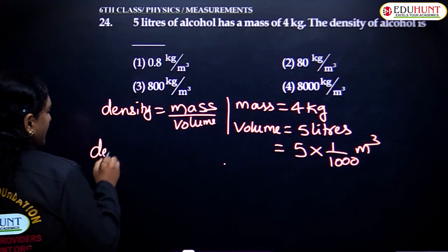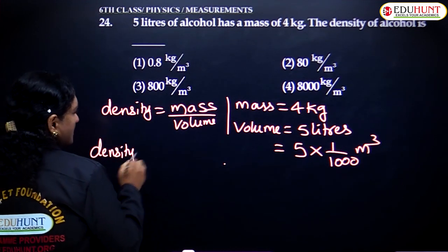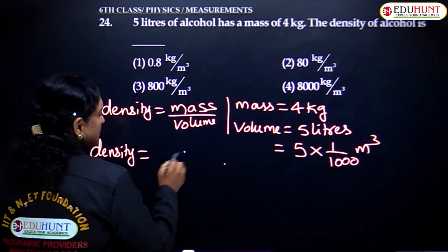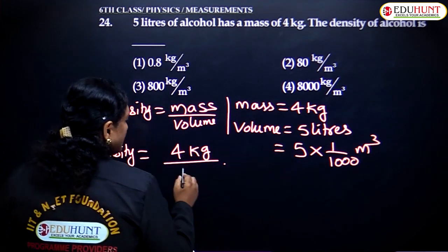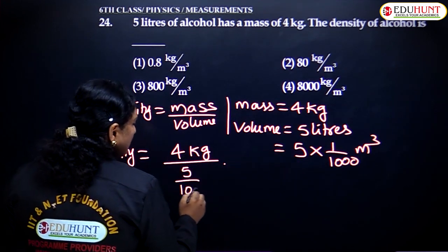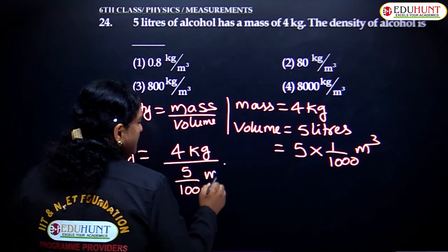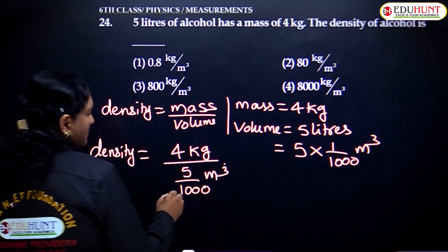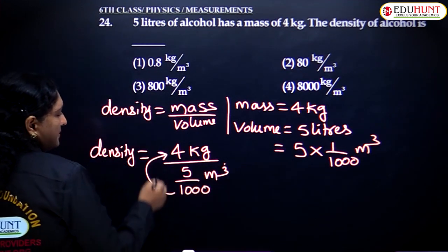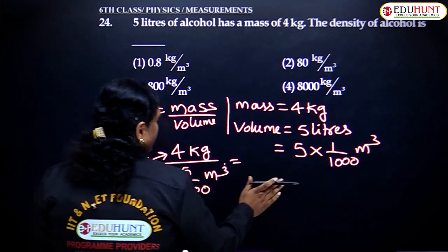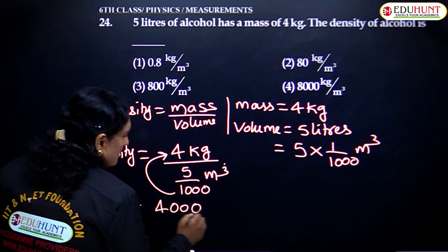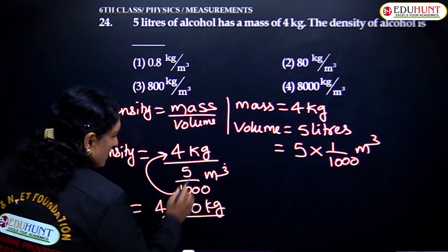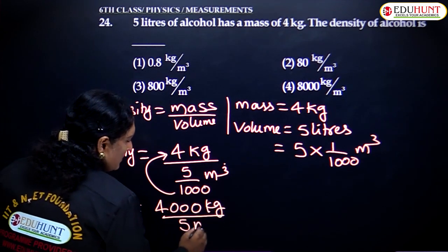Hence, to calculate density, density is equal to mass by volume. Mass is 4 kg upon volume, which is 5 by 1000 meter cube. This 1000 goes up, then how much will it become? I'll write it down. 4000 kg upon denominator 5 meter cube.